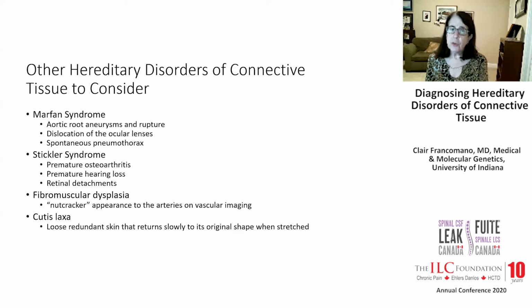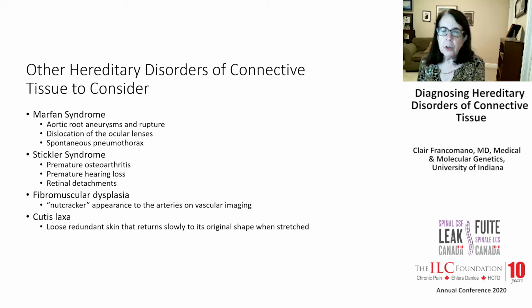Is there any personal or family history of aortic root aneurysm or rupture? Any dislocation of the ocular lenses or spontaneous pneumothorax in anyone? Is there premature osteoarthritis, which is often seen in Stickler syndrome, or premature hearing loss, retinal detachments? These are things that should be red flags to make us think about other hereditary disorders of connective tissue.